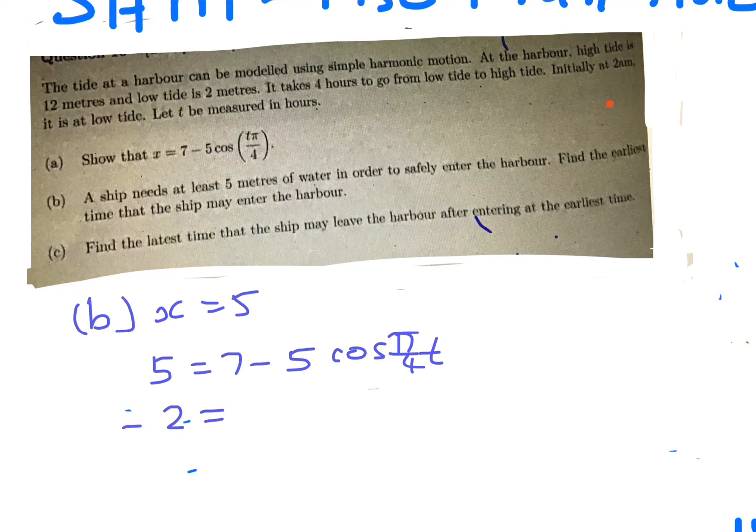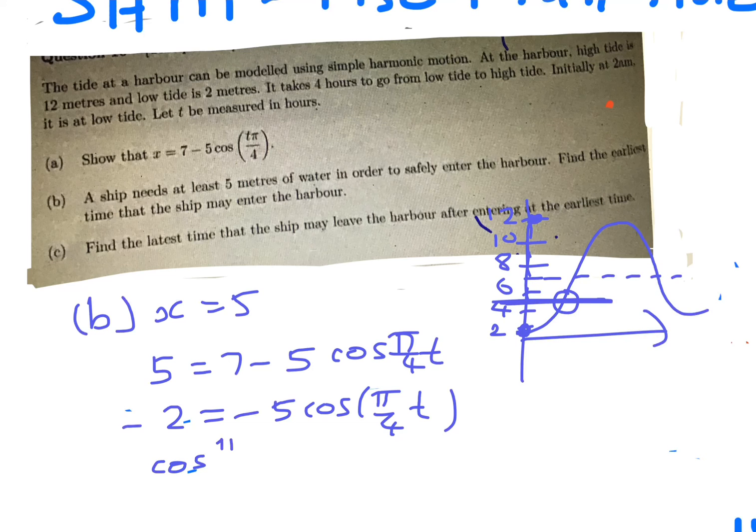So that means minus 2 equals minus 5 cos pi on 4t. So cos pi on 4t equals minus 2 on minus 5, so cos pi on 4t equals 2/5.